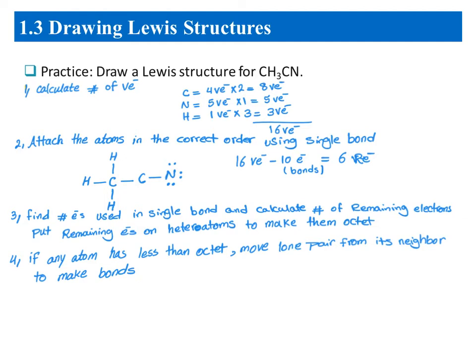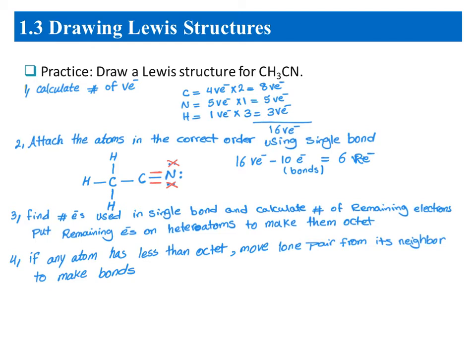So if you look here, nitrogen has 2, 4, 6, 8 electrons. It is happy. This carbon has 2, 4, 6, 8 electrons. That's good. We know that hydrogens can only take 2. They get a duet. Now if you count for this carbon, it has 2, 4. So it lacks electrons. Therefore, nitrogen is nice enough to share this pair of electrons with carbon. Now you can count again. Nitrogen has 8. This carbon now has 6. So again, nitrogen is generous enough to share another pair with carbon. All right?